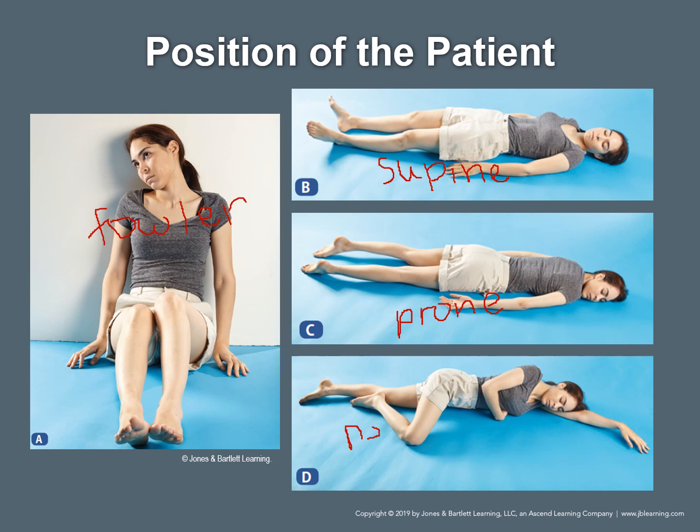This is the position that you are supposed to put your patients in, let's say after they've been unresponsive or they've had a seizure and things like that, recovery position. So obviously if they were laying on their right side, it would be a right lateral recumbent position.